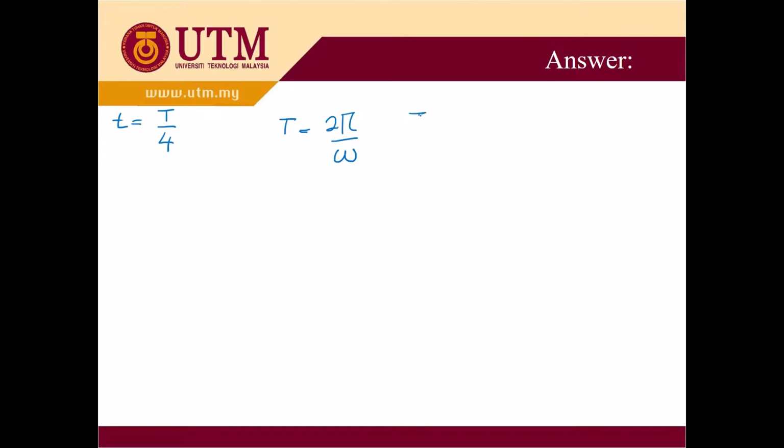So the period over 4 is basically equal to 2π divided by 4ω, which is equal to π over 2ω.